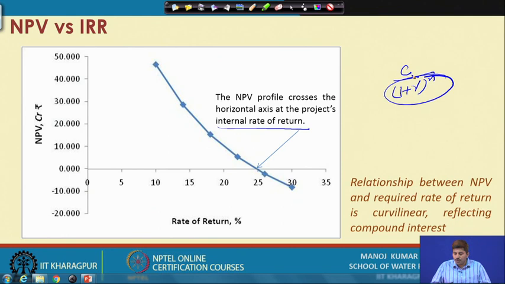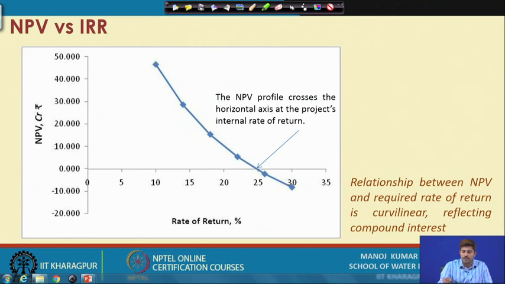However, if we go to simple interest, then this line could actually be a straight line. Generally, the discount rate or the interest rate on investments is considered as compound interest, so often this profile will be curvilinear in nature.